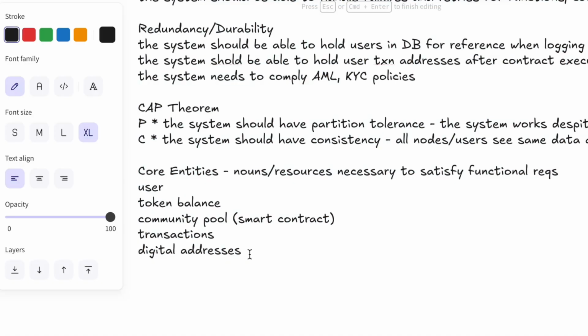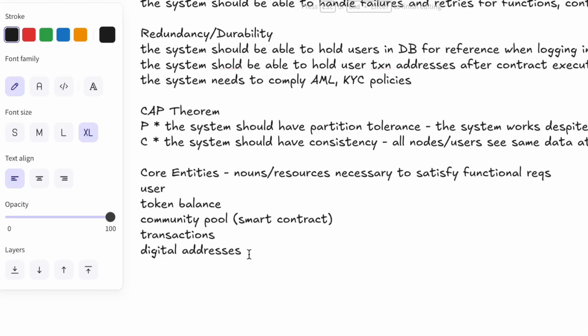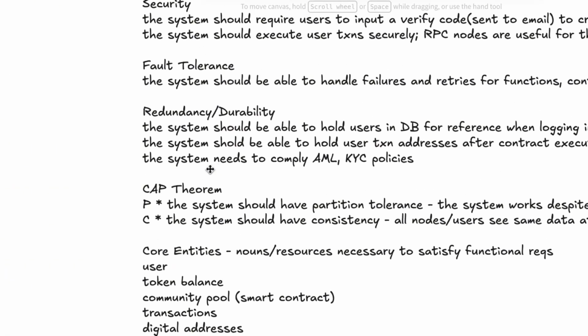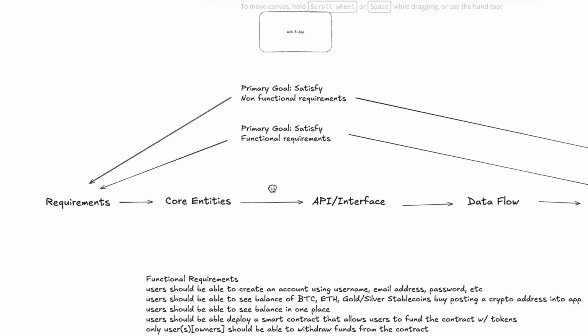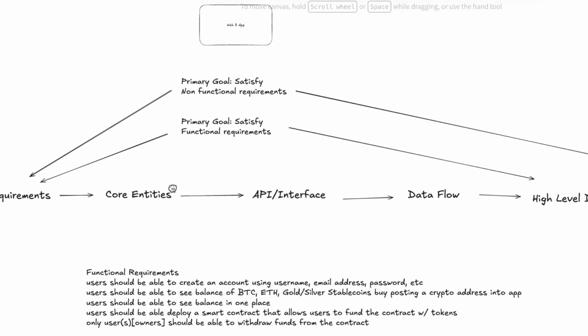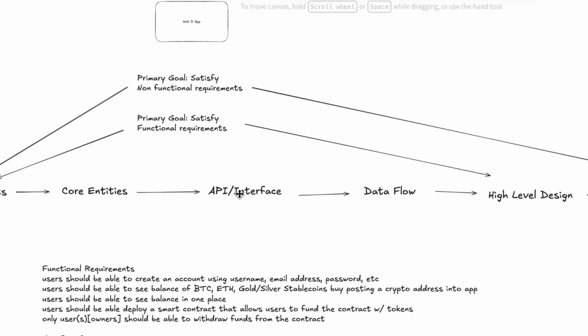Remember, if we go all the way back to our system design framework, core entities are next. We just came from the functional and non-functional requirements. Now it's time to develop the API and the interface. We don't have to develop really intense code for this.